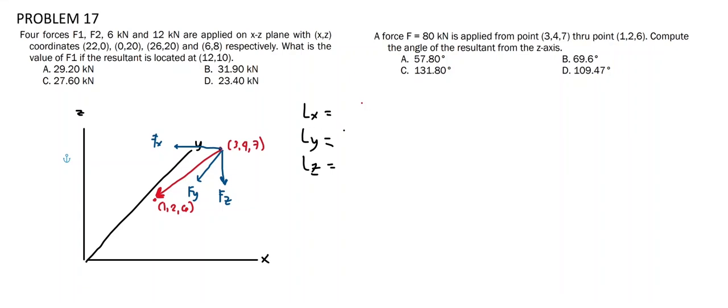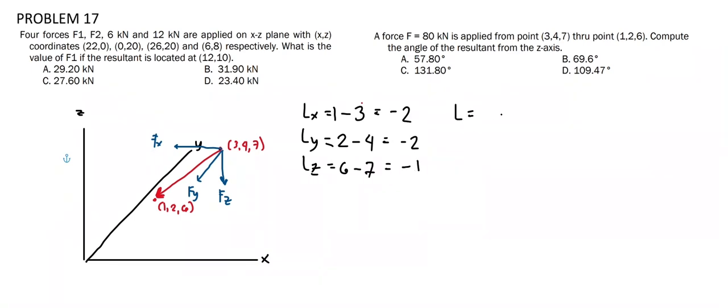So for the x component of the length, we subtract the x coordinate of the head, that is 1, minus the x coordinate of the tail, that is 3, which is equal to -2. We do the same for Ly, that is 2 minus 4 equal to -2. And for Lz, that is 6 minus 7 equal to -1.